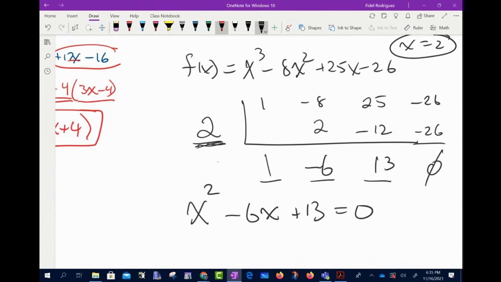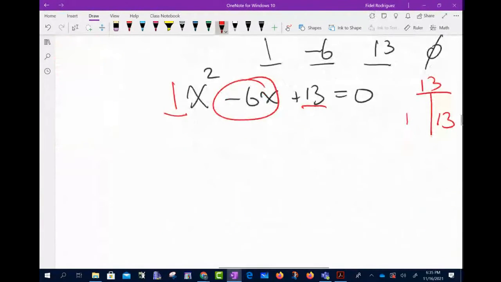So if I'm going to try to factor it, my first step is to say, look, the number here is a 1, okay? So 1 times 13 is 13, and I'm looking for two numbers that multiply to 13. Well, the only numbers that I know that multiply to 13 are 1 and 13, but when I add them together, they don't give me the negative 6. Okay, well, that's all right.